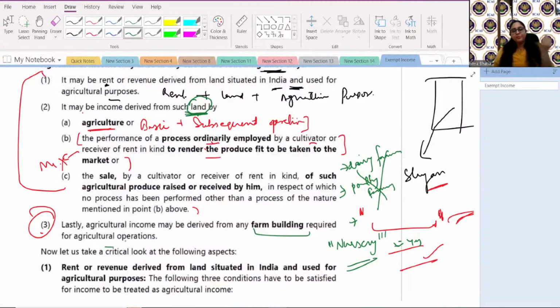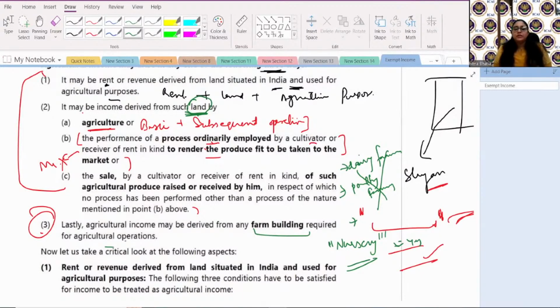Like a farmer can stay here, or a person who keeps an eye on the produce, because there are certain produce which are very precious, so that person is staying in that building area which is immediately near to the land, or it can be used as a storehouse. A farm building is a building used for the agriculture operations. If that building is used for non-agriculture operations, that would not be an income from agricultural activities.